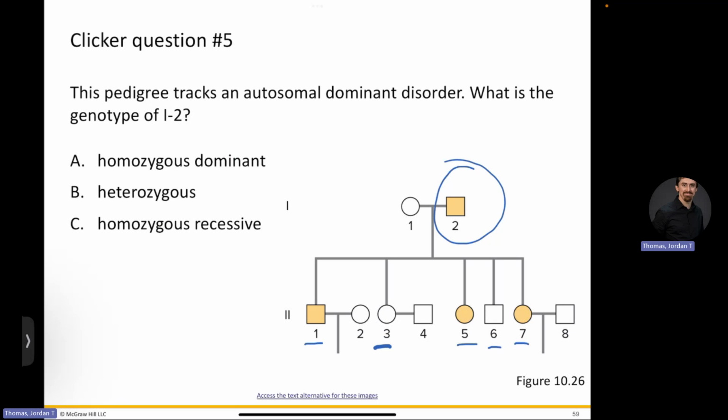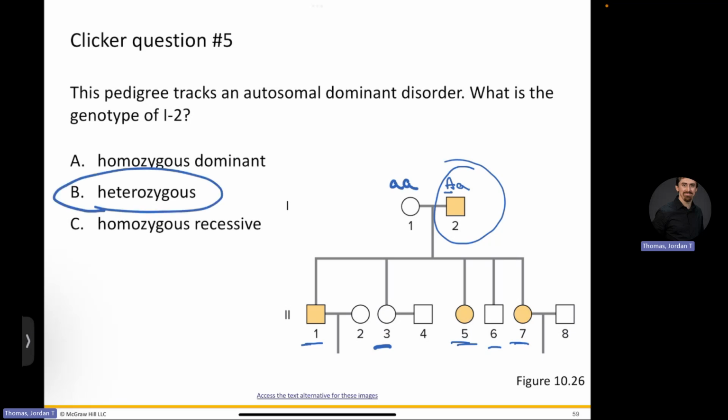So if we say it's dominant, let's say this individual is little a, and this one's big A, little a, we're passing down a big A half the time. So that means these individuals who get the big A are automatically affected. So this is going to be a heterozygote.